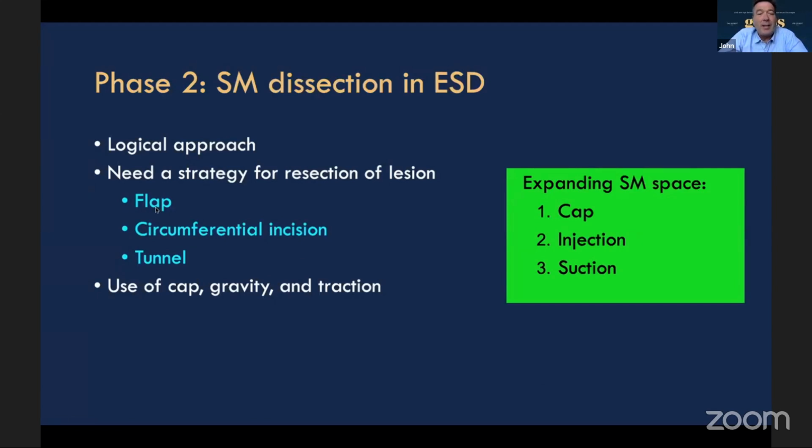So you decide in your submucosal space whether you're going to do a flap submucosal or a tunnel, and then you use gravity and traction and the cap to help expand the space.